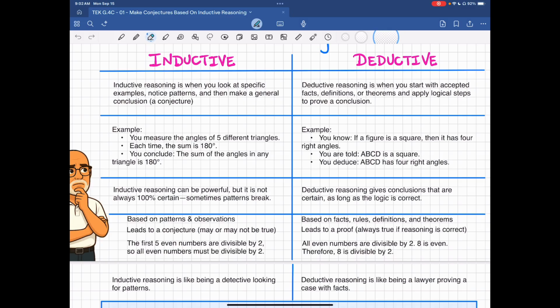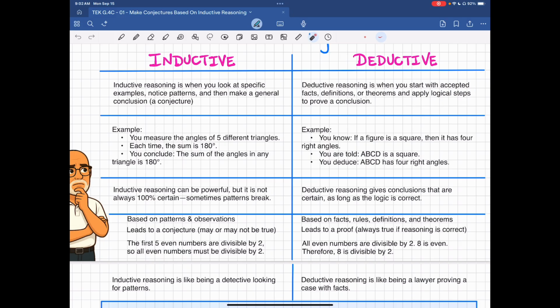So therefore, you conclude that the sum of the angles in any triangle has to be 180 degrees. So you looked at specific examples, you looked at patterns, and now you're making a conjecture, a conclusion that says, well, then all triangles must have the sum of 180 degrees when you add all the angles together.